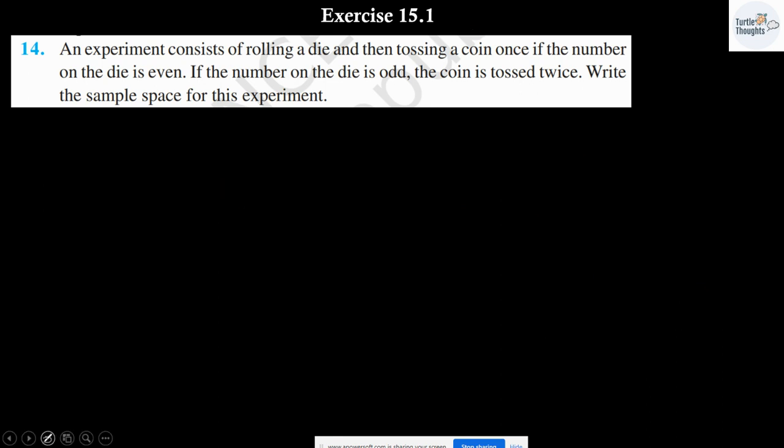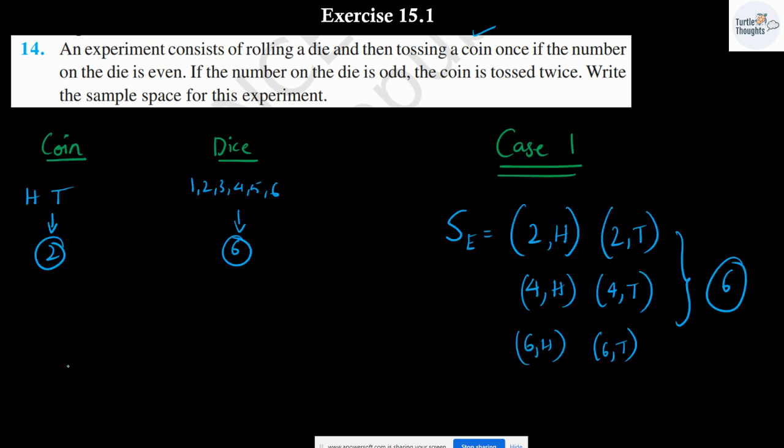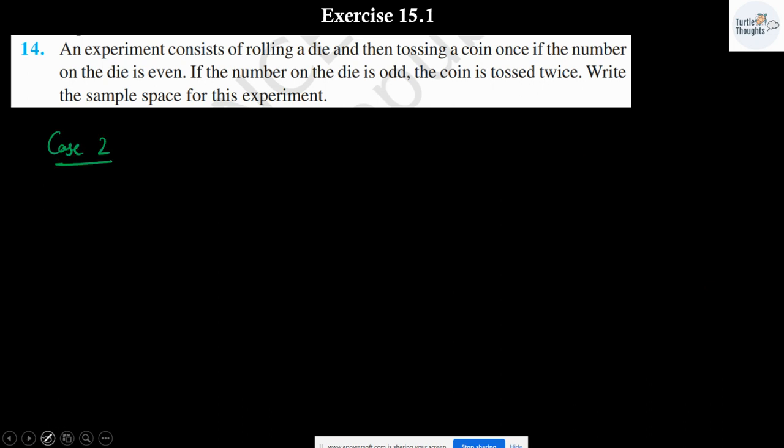So that is going to be case number 2. In case 2, whenever you are rolling the die and you get an odd number, what are the possibilities? Either you can get a 1, 3 or 5, right? So I will be writing the sample space of getting an odd number on rolling the die.